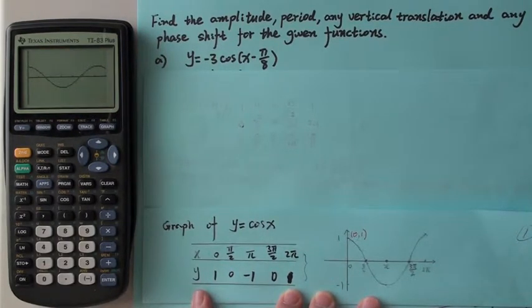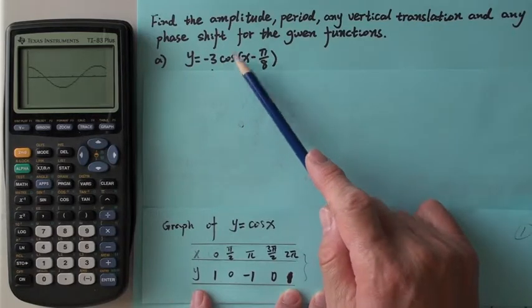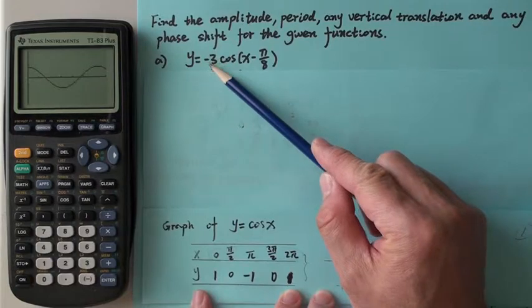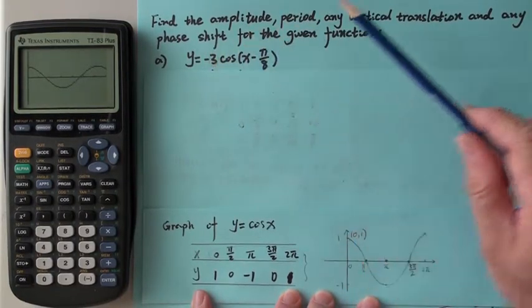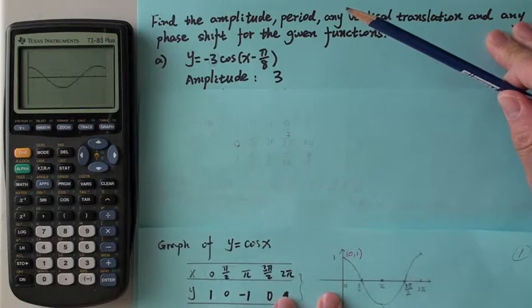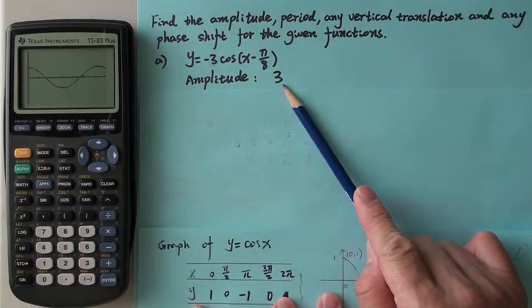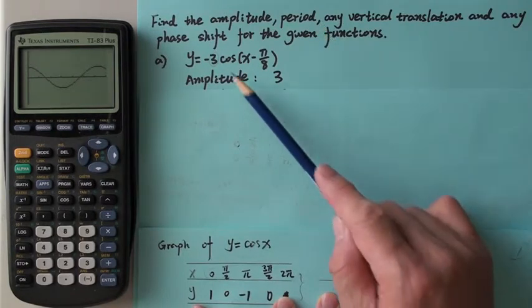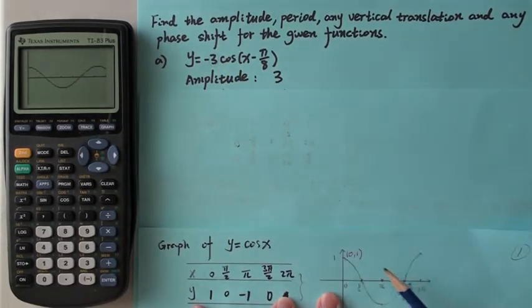So for this one, we need to know the amplitude. Amplitude is the positive coefficient here. Don't write -3. So amplitude is 3. Basically, this graph will stretch. The highest point goes 3 units up, and the lowest goes from -1 to -3.